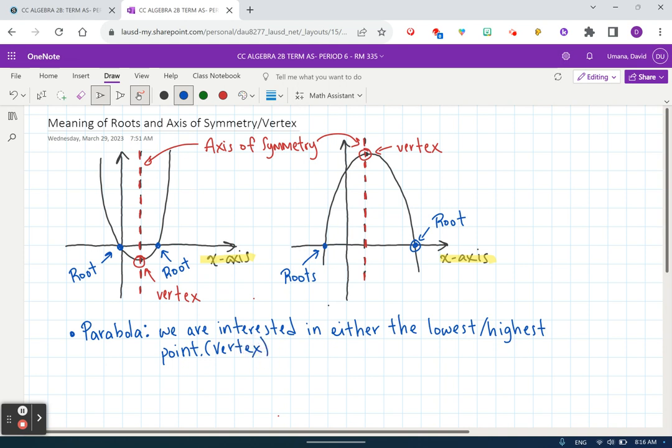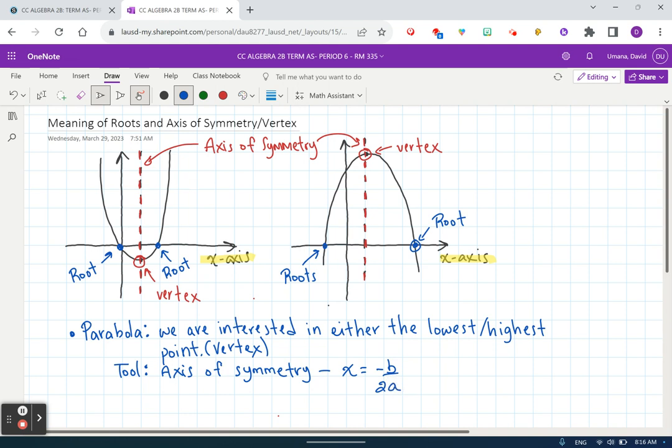Now, in order for me to find the vertex, the tool that I have is going to be my axis of symmetry. And its calculation is going to be x equals negative b over 2a.